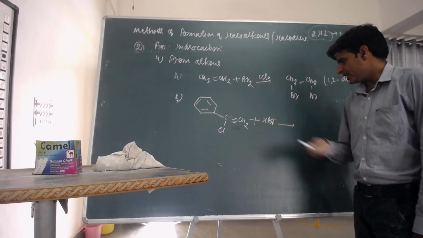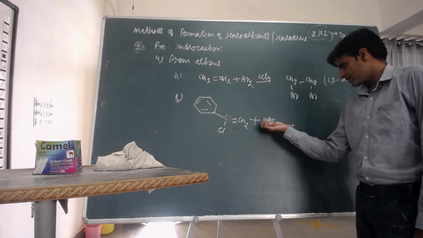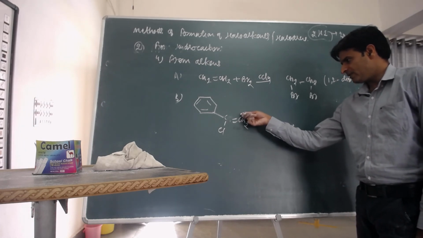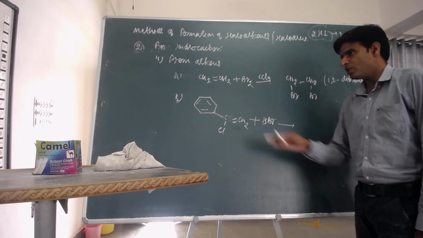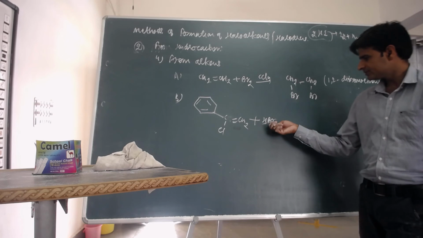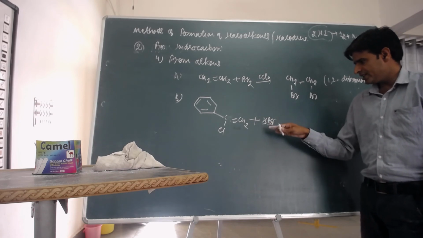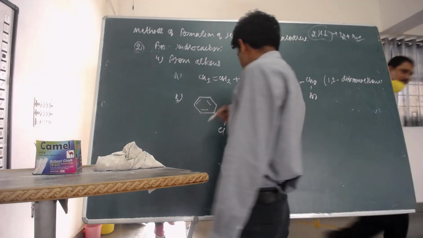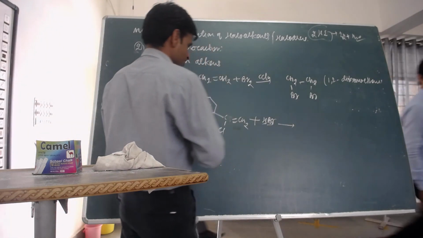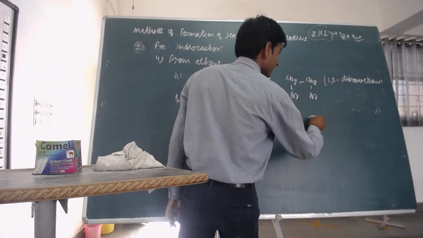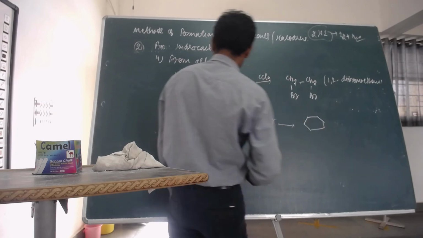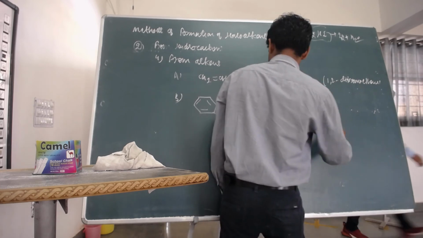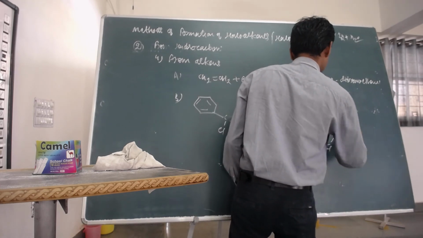And we know that in Markovnikov's rule, the positive part of the reagent always acts at the double bonded carbon atom which already contains more hydrogen atoms. But the negative part of the reagent always acts at that double bonded carbon atom which is already attached to fewer hydrogen atoms. Right? Now the desired product we obtain is CH3-CHBr-CH3.